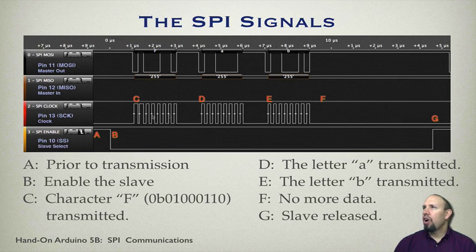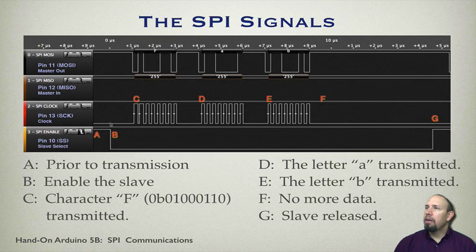So we can see all 3 bytes are transmitted, and then after that there's no more data, and then finally the slave is released. So this is an example of communicating, sending 3 bytes out.